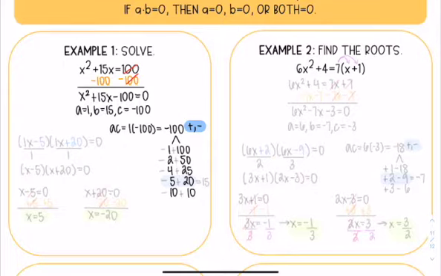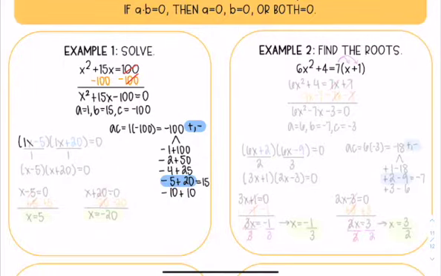The goal is to get to positive 15, which means that the bigger number is positive and the smaller is negative. So everything on the left is negative and everything on the right is positive. And so the combo that gets me to positive 15 is negative 5 and positive 20.